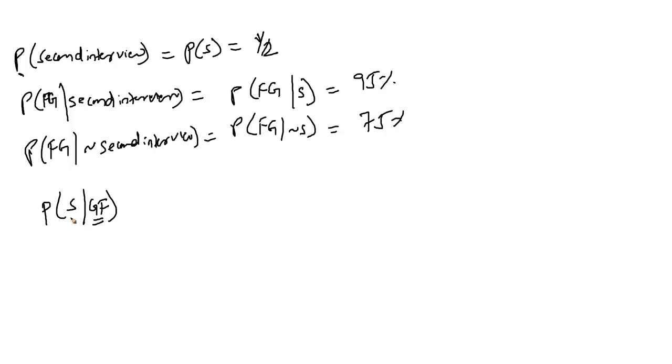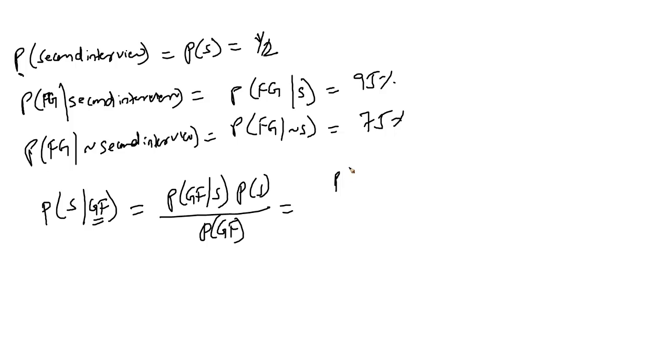That was the question, right? This is what we need to compute. So you can say probability of FG given S, times probability of S, divided by probability of FG.